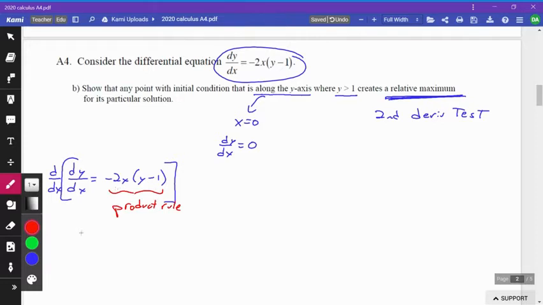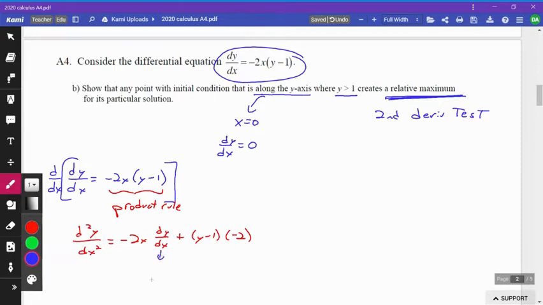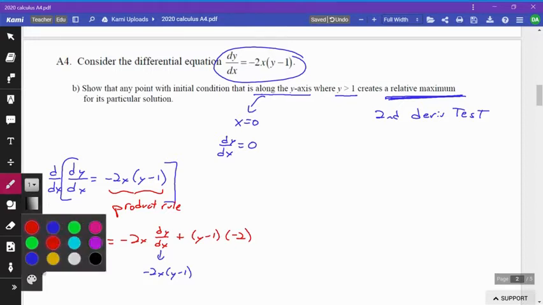And when I go through and take that derivative, d squared y over dx squared is going to be first times derivative of the second plus second times derivative of the first, which is going to give me this. Now remember that dy/dx was -2x times (y minus 1).